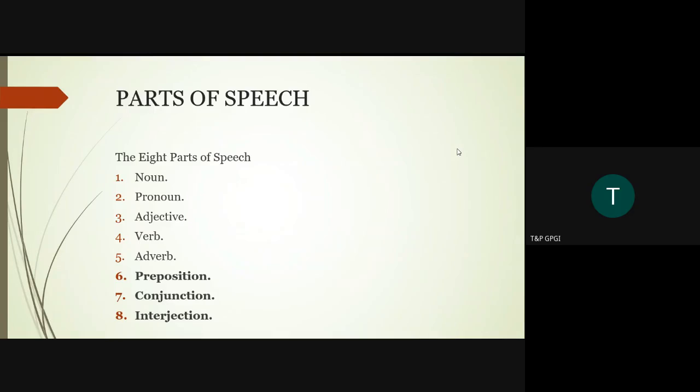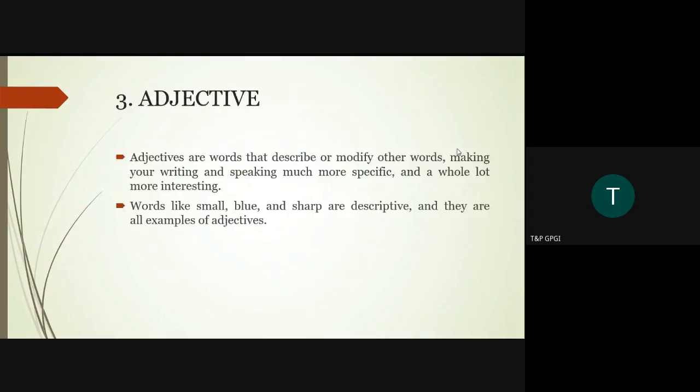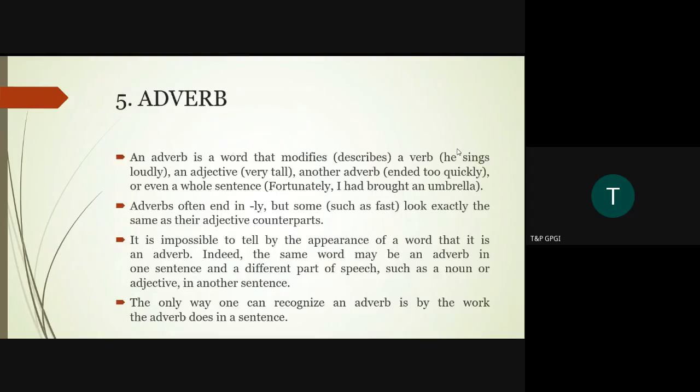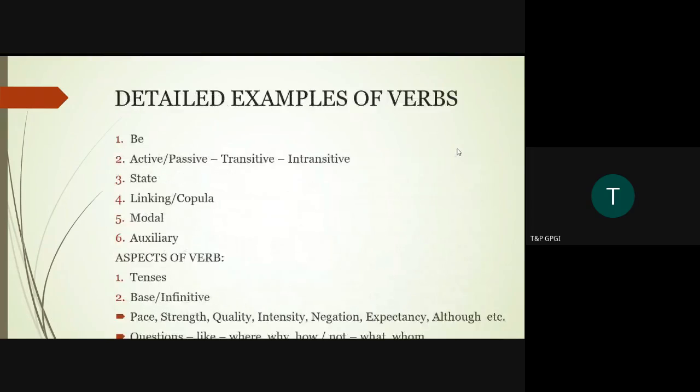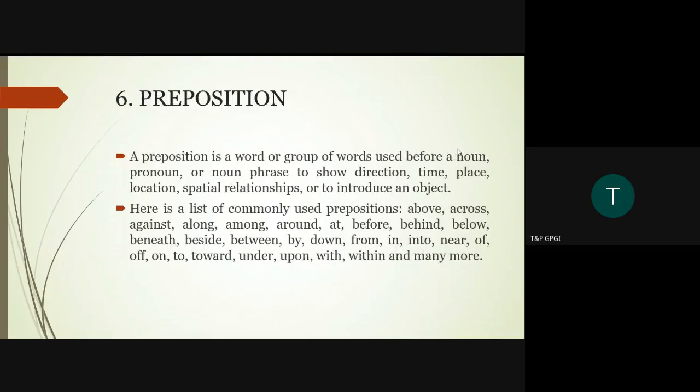Today we are going to see what preposition, conjunction, and interjections are. So noun, pronoun, types of pronoun, adjective, adjective order, then verb, types of verb, adverb, types of adverbs, then verb noun agreement. We have already covered that, and now we're going to learn what prepositions are.